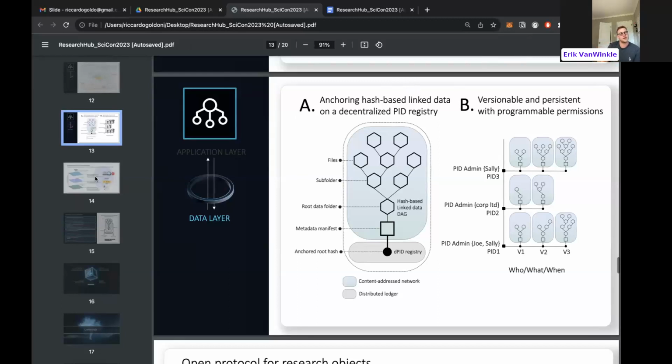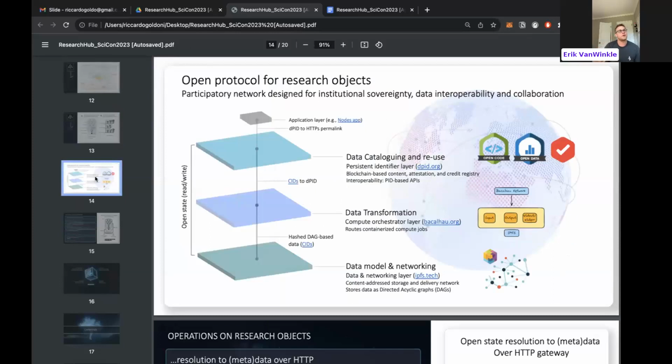Then to the next slide, there are a couple other aspects of the tech stack which are interesting and worth noting. The DPID layer is the one that I just went over. Would also love to give a shout out to Bacalhau. It's a group that does orchestration for edge computing. So I think it's the opinion of DeSci Labs that data can be viewed as the most important artifact type on the scientific record.